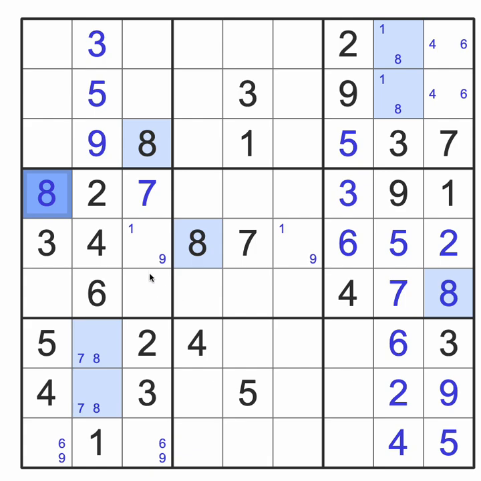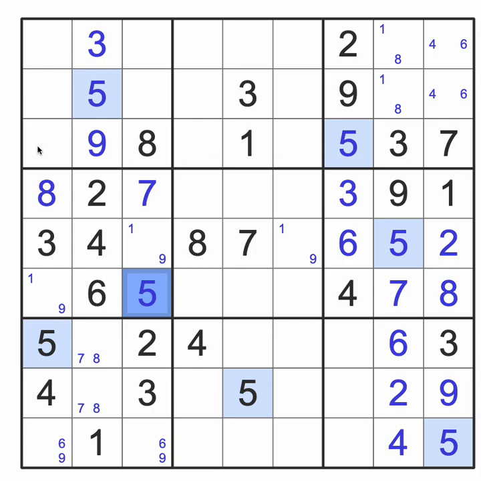These are 1, 5, 9. And this 5 blocks this cell. So there's only one cell where I can place 5, which is here. These become 1, 9 double.